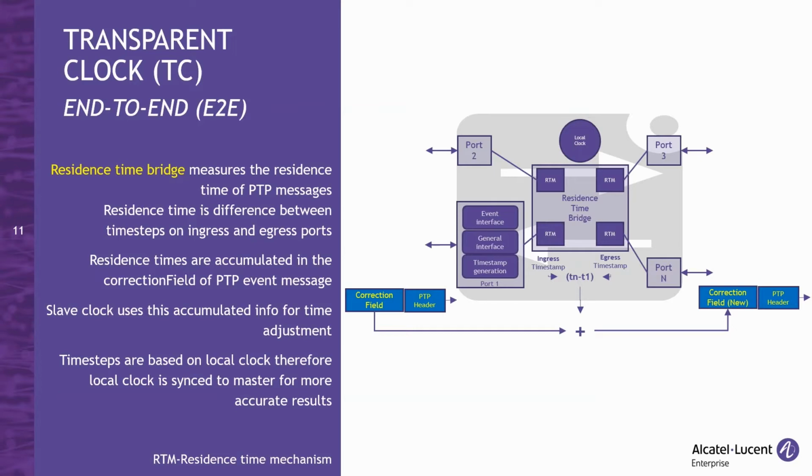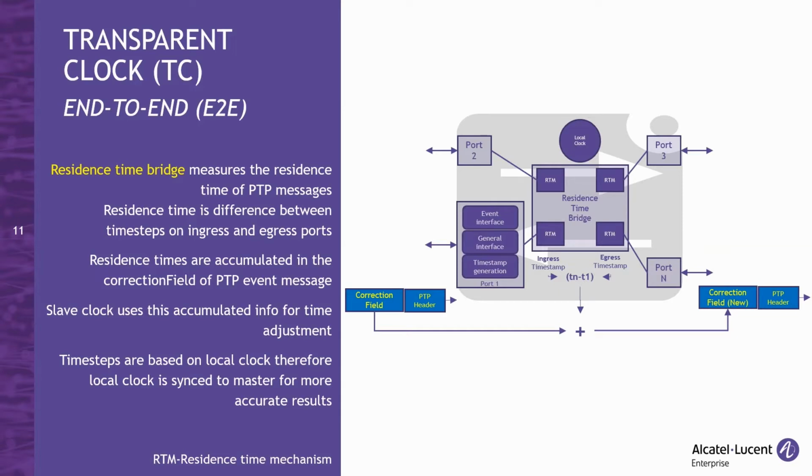An end-to-end transparent clock forwards all messages just like any other router or bridge, but for the event messages, those are messages with time information, the transparent clock measures a residence time within the clock and updates the PTP event message with this information when it egresses the clock.